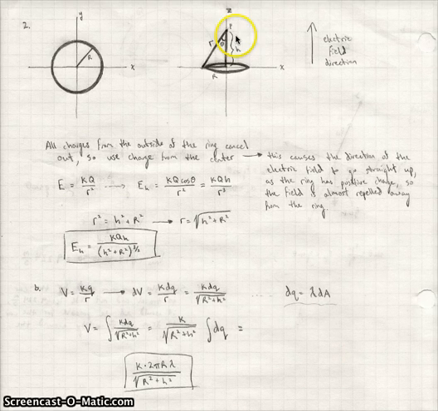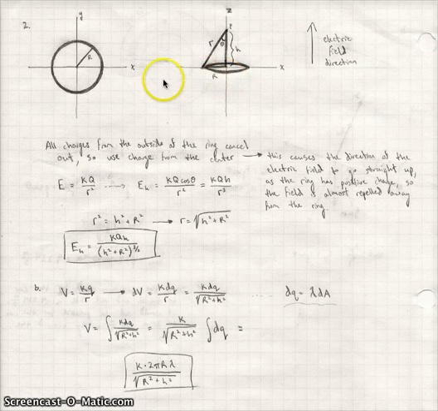Since cosine theta equals h over little r, or adjacent over hypotenuse, that simplifies further to kqh over r cubed. Since I don't know little r, I thought I'd try to change it into constants that I do know, in this case h and capital R.